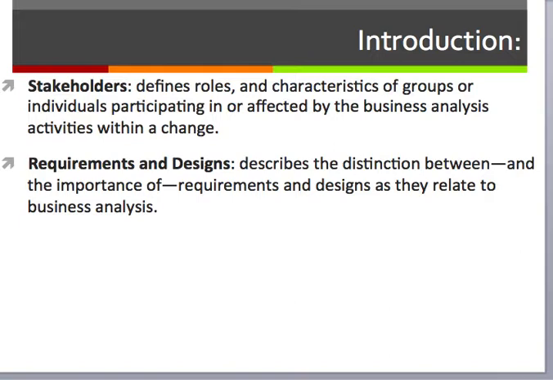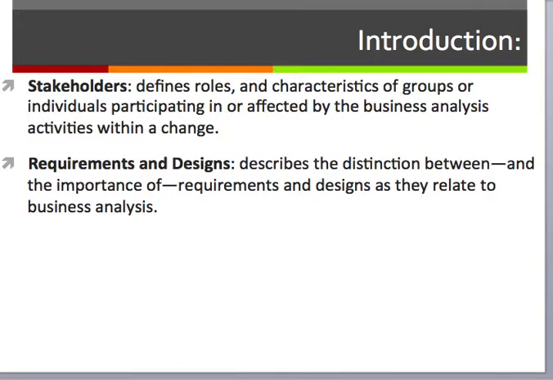Then the next key concept is stakeholders. A stakeholder means any person who has a stake in a particular activity, in the project, or in a particular part of the project. We will address this concept, and we'll define the roles and characteristics of the groups or individuals participating in, or affected by, the business analysis activities within the change.